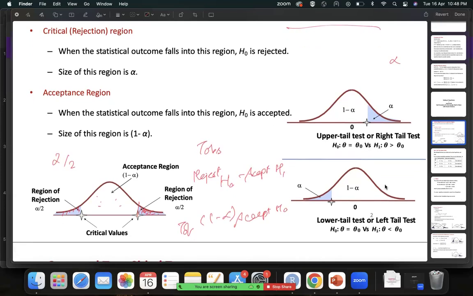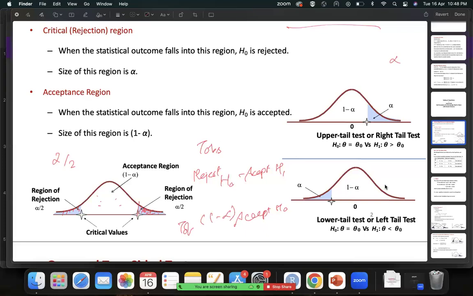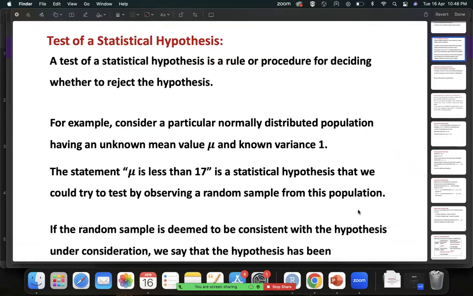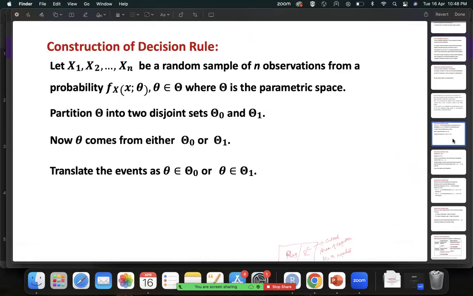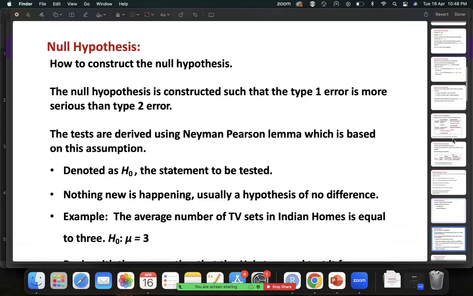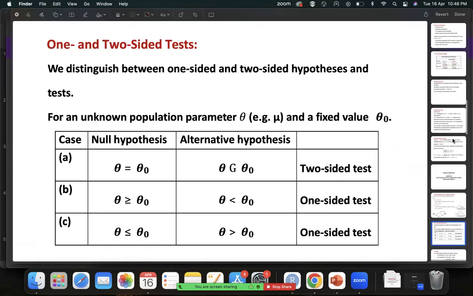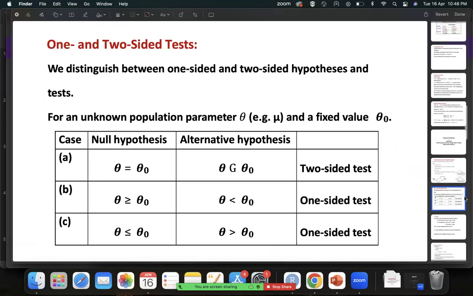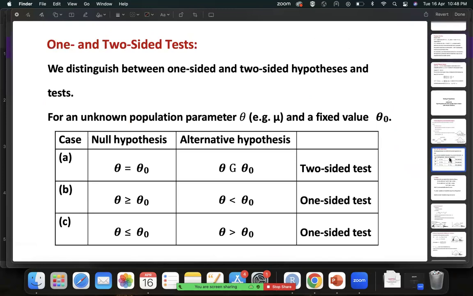So this is like the basics of it. These are scenarios where your test can be one-tailed or two-tailed.